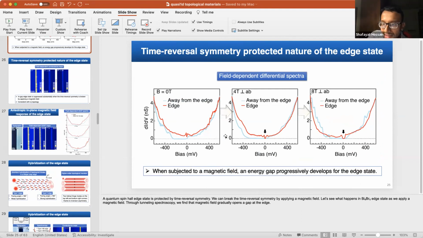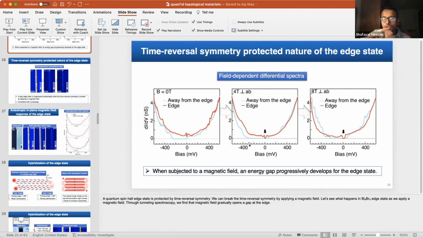Well, there are a couple of things. First, we did not really measure the gap magnitude in detail. I need to check that. Also there are some features which we think may be related to the Landau levels and so on.